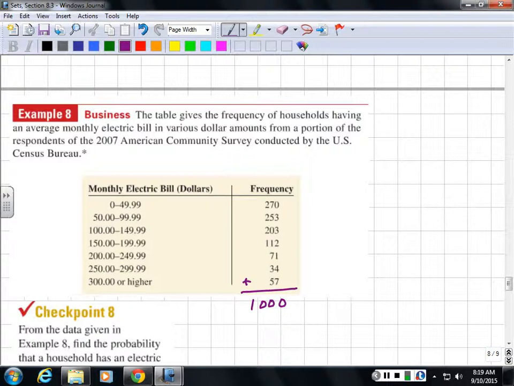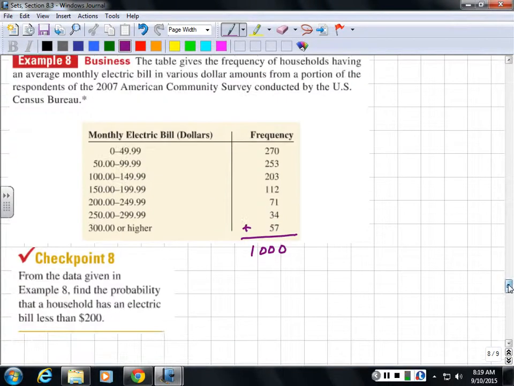So that being said, I want to look at checkpoint 8 and says, find from the data given in example 8, find a probability that a household has an electric bill less than $200. Well, that means that I have to look at my categories here for those bills that are less than $200.